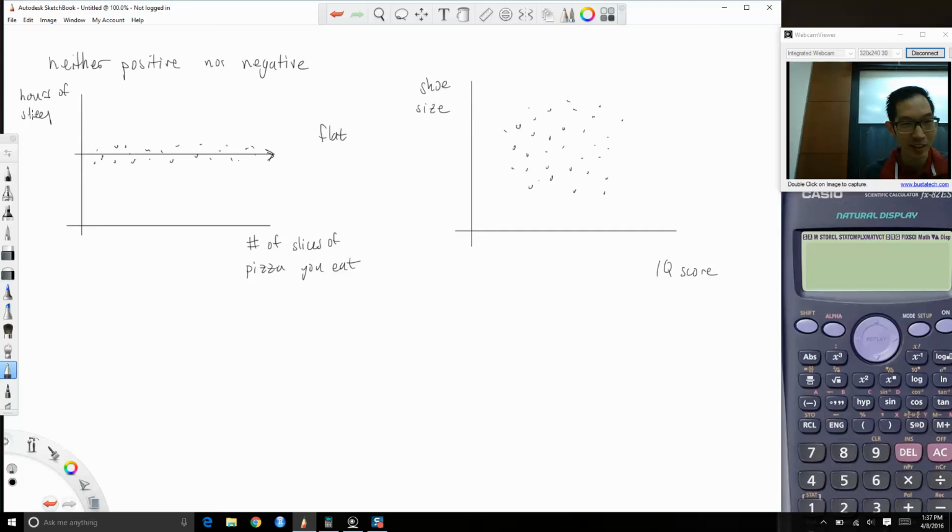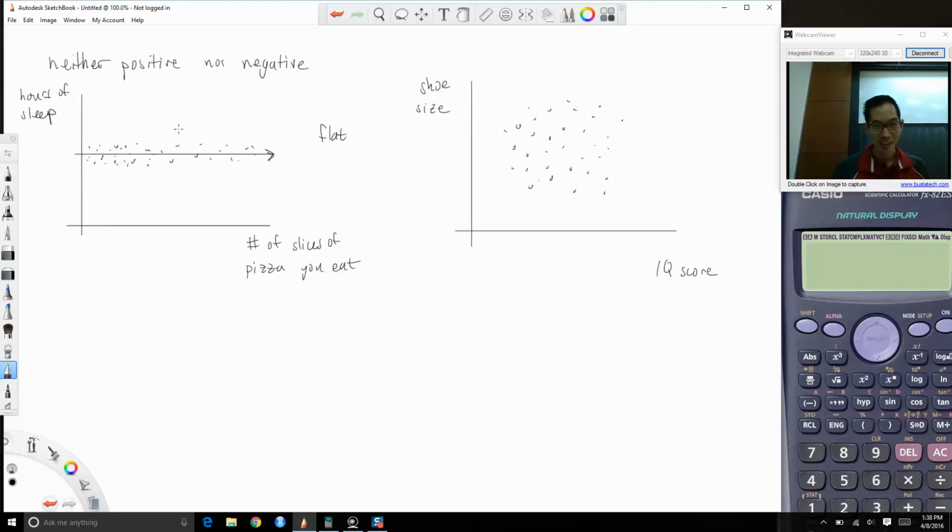On days where you eat lots of pizza, you might get 7 to 8 hours of sleep or more or less. On days where you didn't eat any pizza, you might still have a small range in terms of the amount of sleep. So unlike shoe size where there's going to be a large range, hours of sleep is probably going to range, well, in college it's very different, I guess, but outside of college, most people get a fairly regular amount of sleep.